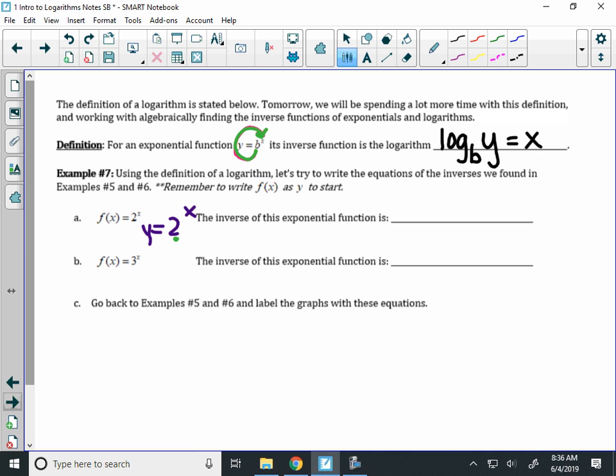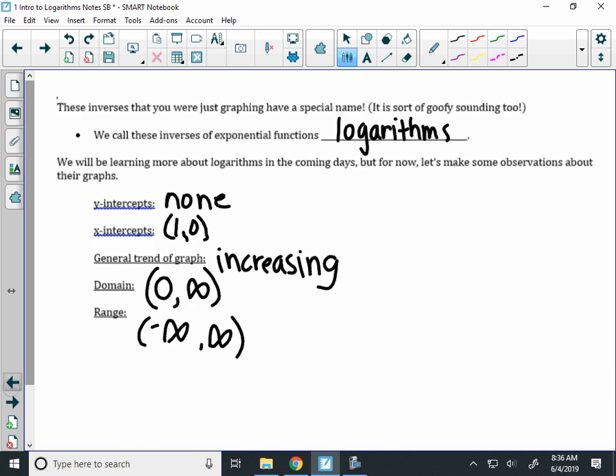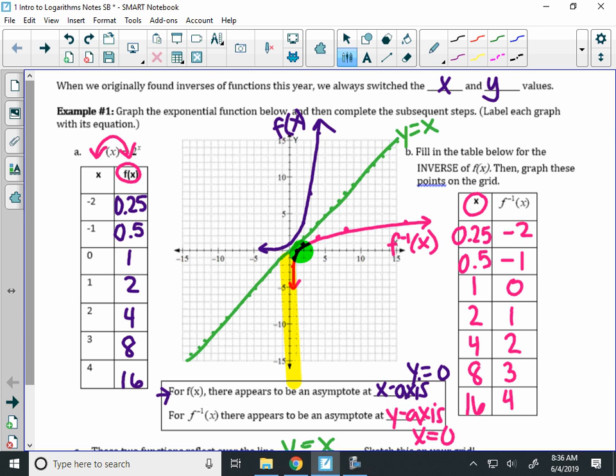So we'll have log base 2, curl over to the y, so of y equals, I end at the exponent, x. That's the equation of the inverse. So if I go back here, this inverse, this function that I graphed, was log base 2 of y equals x. That's the same equation of that pink graph.